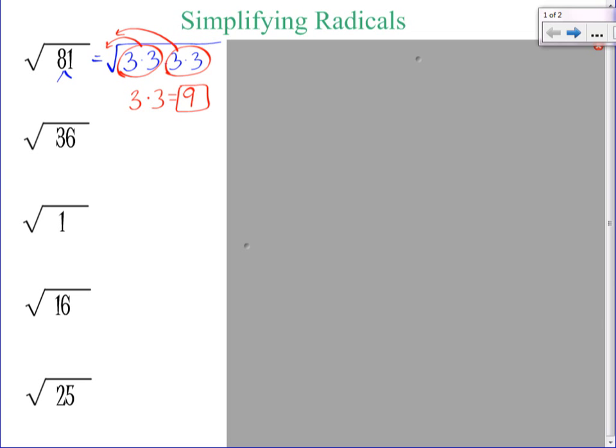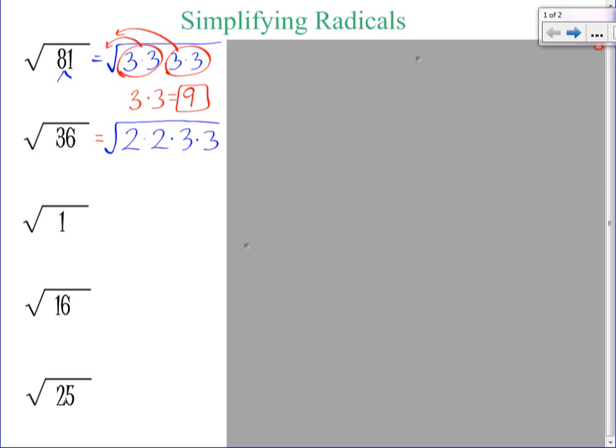When we have 36, we can divide by 2. So we're again going to write the prime factorization of 36. We've got 2. We can divide that one by 2. And I'll just quicken up this process here. 2 times 2 times 3 times 3 gives us 36.